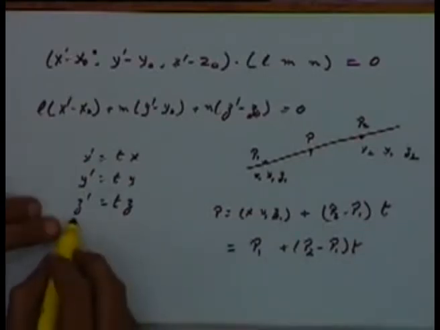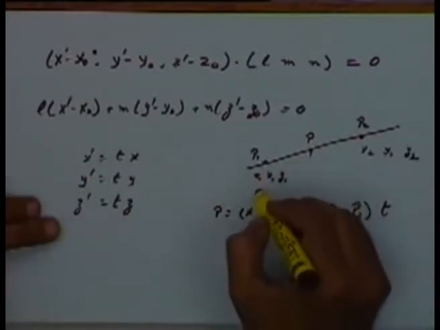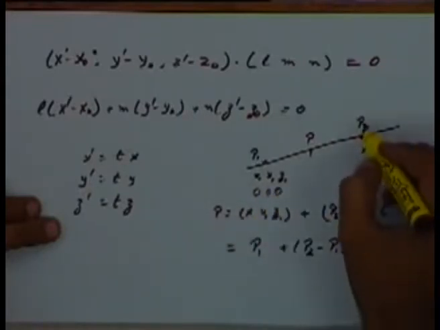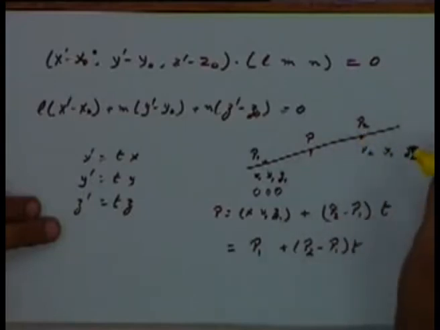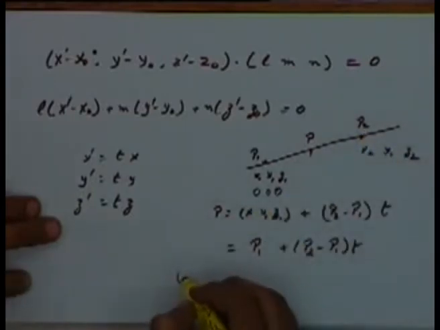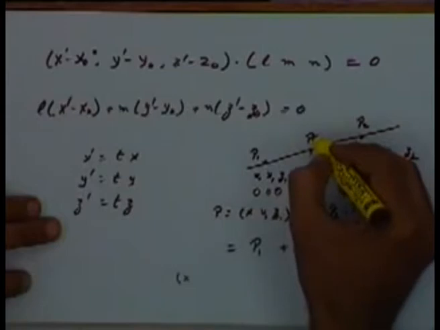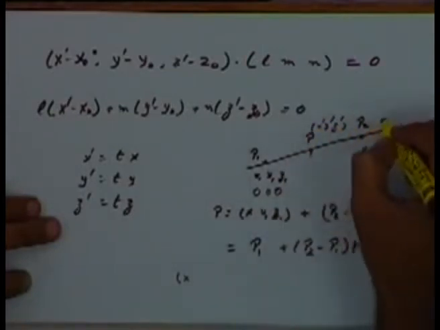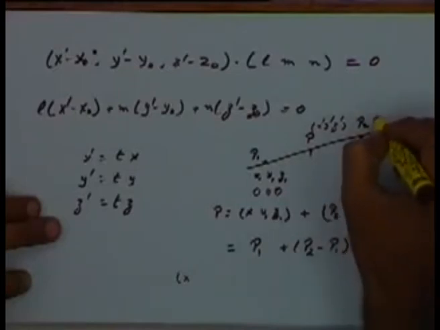The same thing we are doing over here. A point P1 is a point 0 0 0 and a point P2 is a point xyz. So we are getting the point P which is x prime, y prime, z prime, and the point P2 which in our case is xyz.